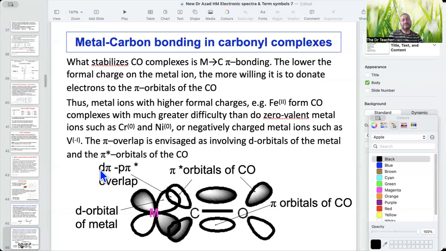So from D to pi star overlap. What stabilizes the CO complex is the metal to carbon pi bonding, because we said pi star is empty. So this stabilizes the complex.